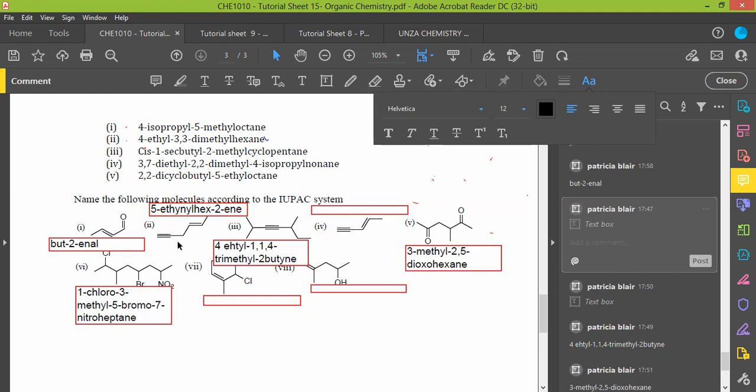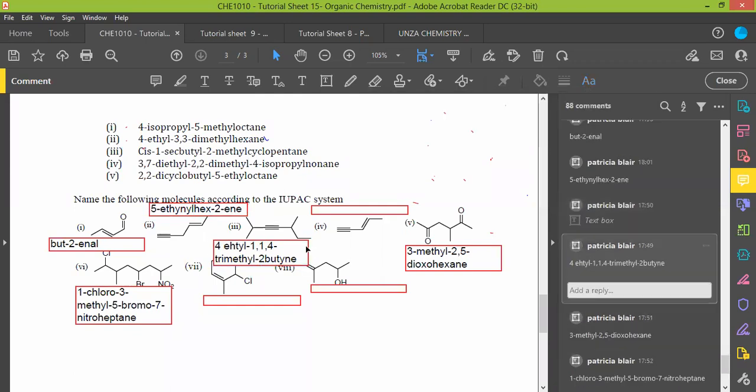So it is 5-ethynyl hex-2-ene. Or these 2 can actually come here and you just put it as 2-hexene, meaning the double bond is on position number 2. So that is how your molecule was supposed to be named.